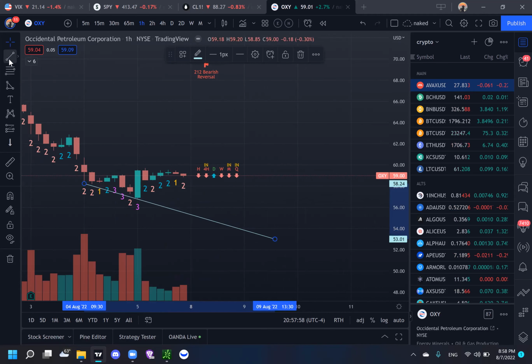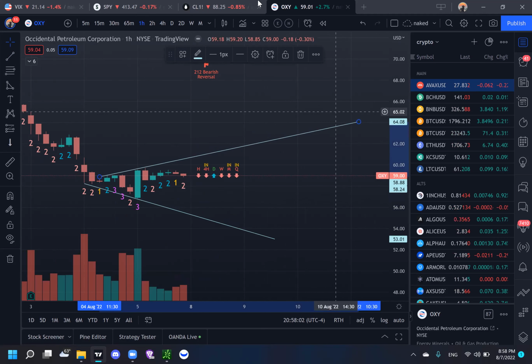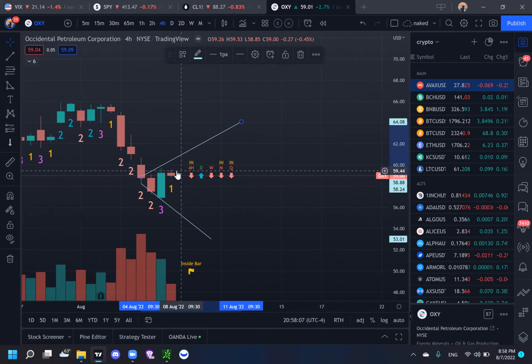And then maybe something like this. So if it breaks up, it'll probably retest, was this Friday's high? And then was this Thursday's high based on the next candle? Because it'll fit right here if it goes up. If it goes down, we're going to the bottom of the BF. So we'll see what happens. And all right, so Oxy's going on the list.